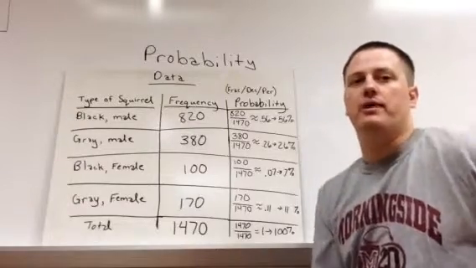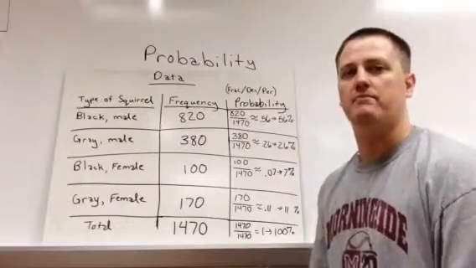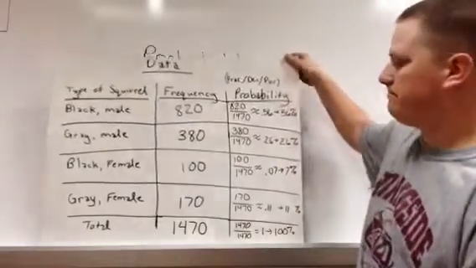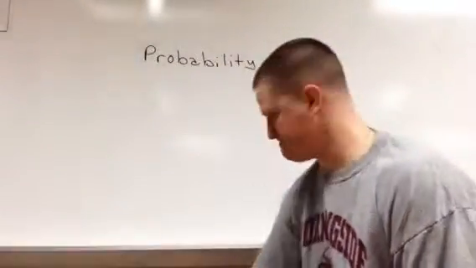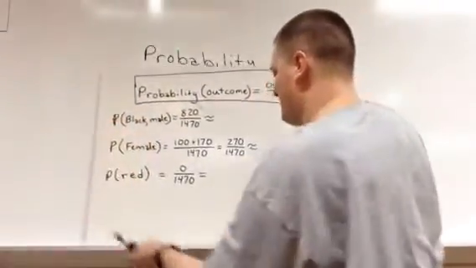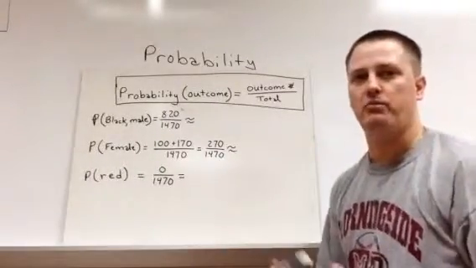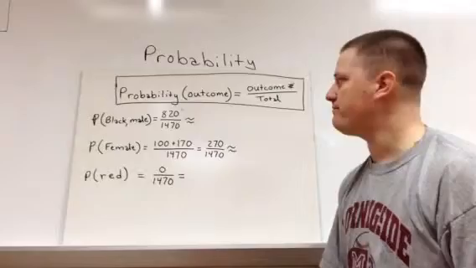Now what I want to show you is how you can sometimes write probabilities in a more simplified version. So here is how probabilities are typically written in a mathematical form.